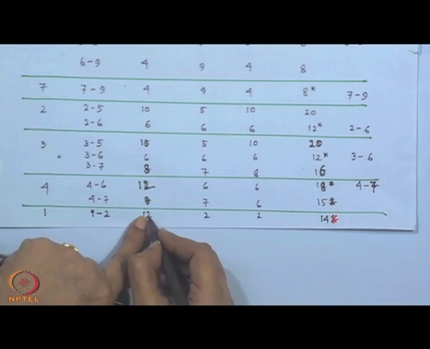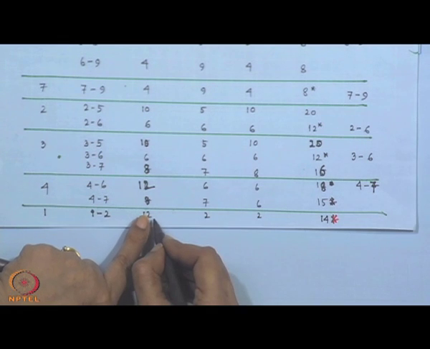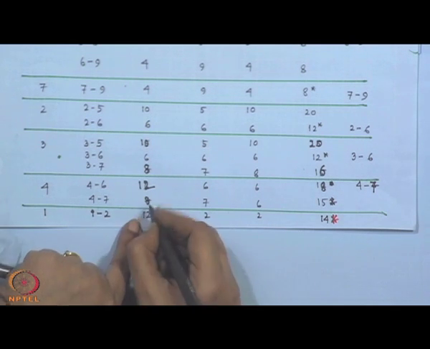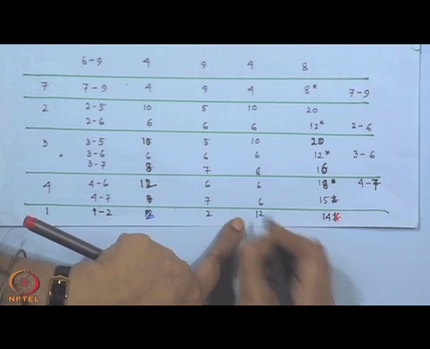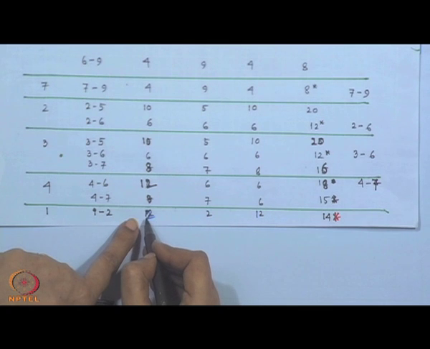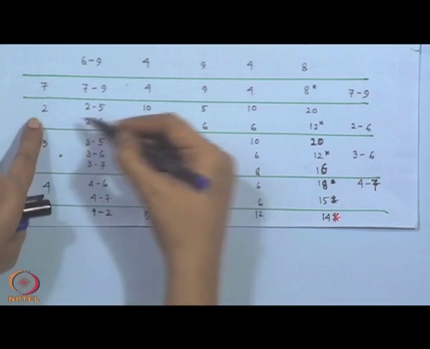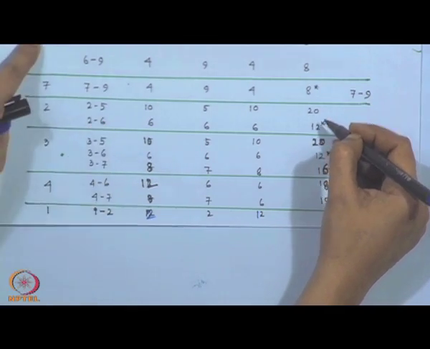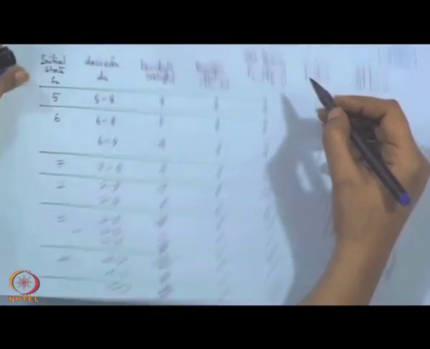If we go back, then it was 12, this is 2, 12. Now this 12 we are getting from 2, here, that means go to 6. For 6 we are getting 6 here, 6 to 8.